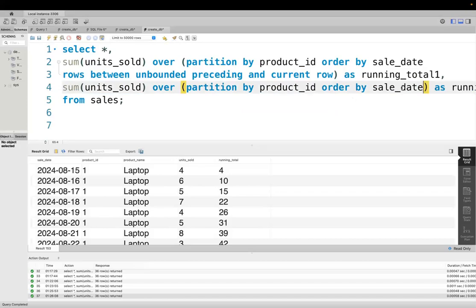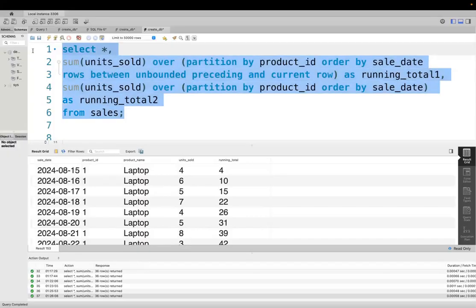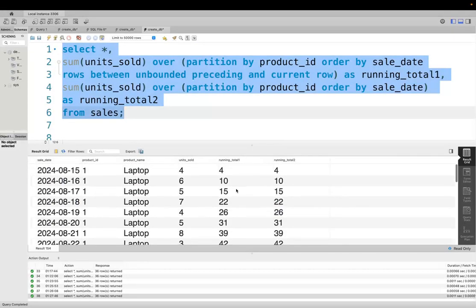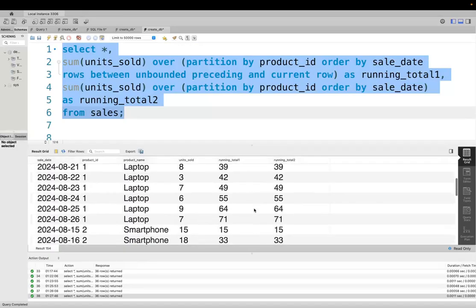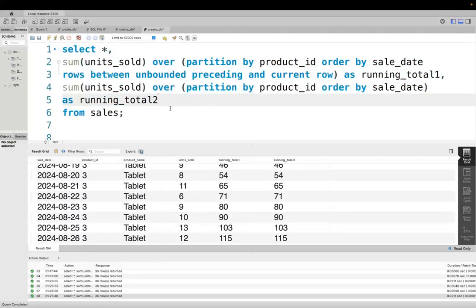I mean, rows between unbounded preceding and current row is implicit even if you do not give that. Let me show you that. You see the results. Running total 1 and running total 2 will match. There is no change as such, right? So by default, this is the behavior.